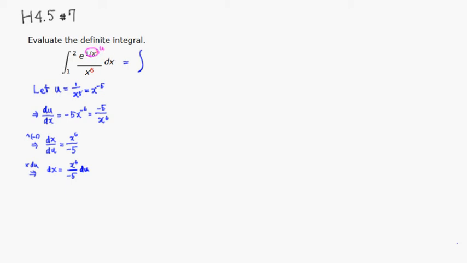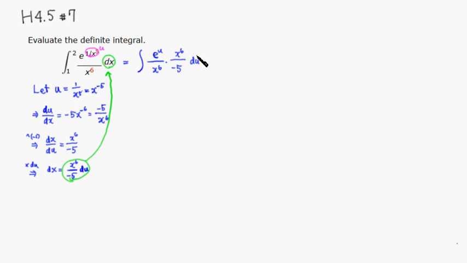On top you have e to the u, and on the bottom I'm going to keep x to the 6 just for now. dx we just found, so we put this guy right in here. dx is the same as x to the 6th power over negative 5, on the bottom. Then you have du.